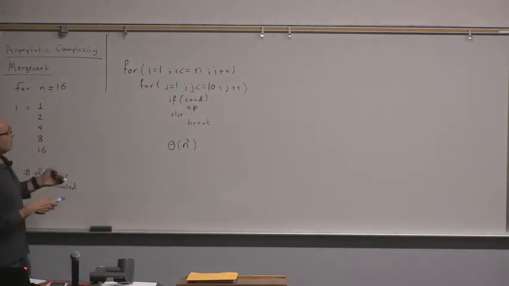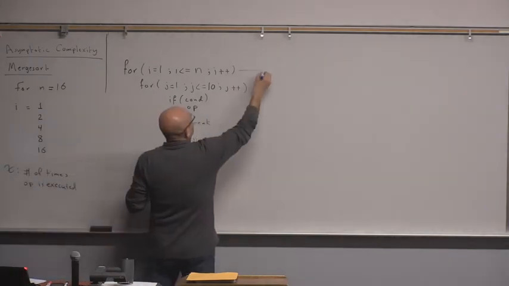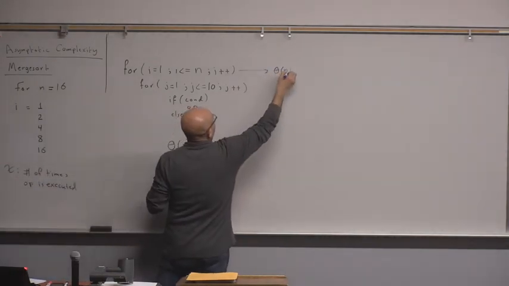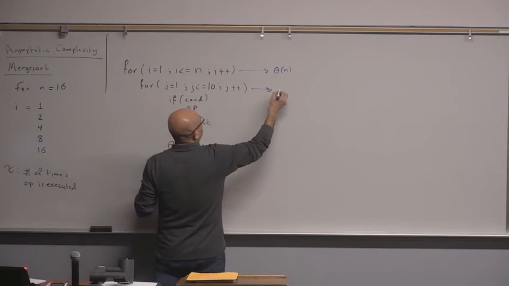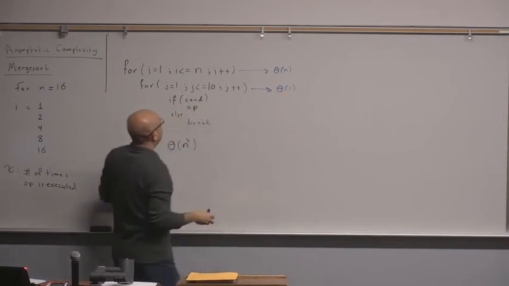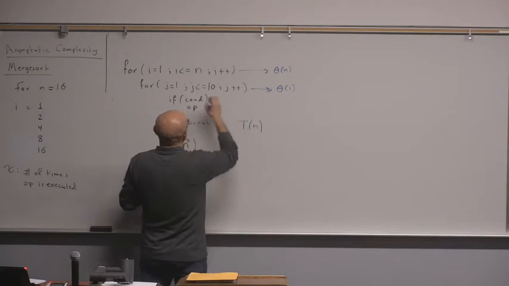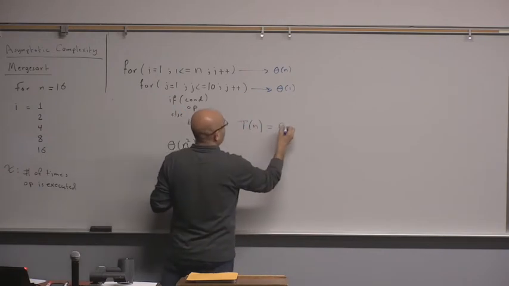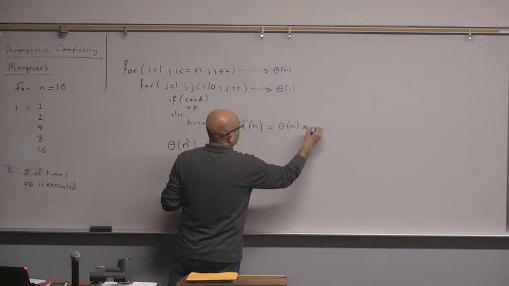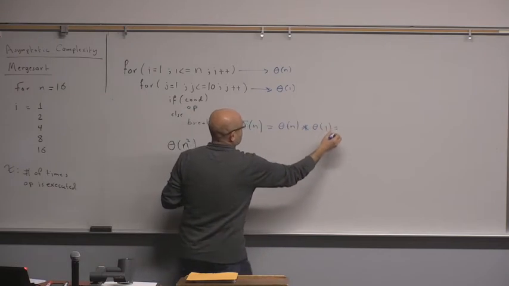Then in this case, this loop by itself is theta of n, and this loop by itself is theta of 1. And then the overall T of n equals the multiplication of the two, theta of n multiplied by theta of 1, and this is theta of n.